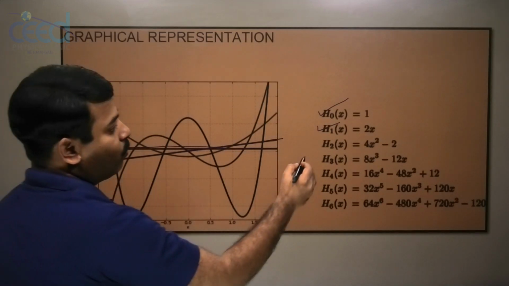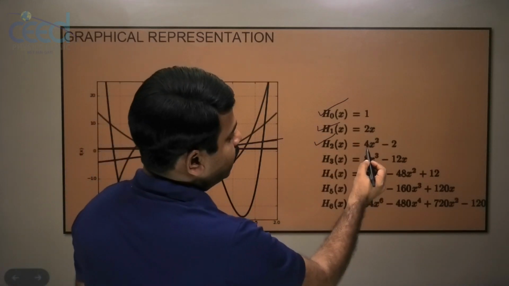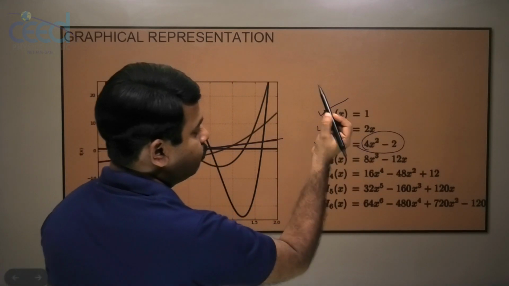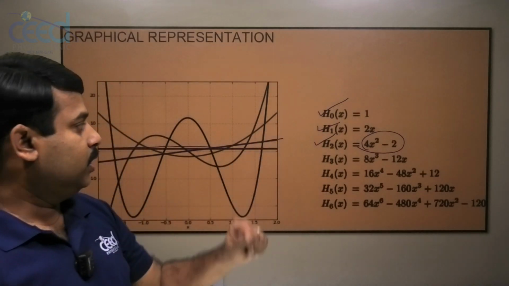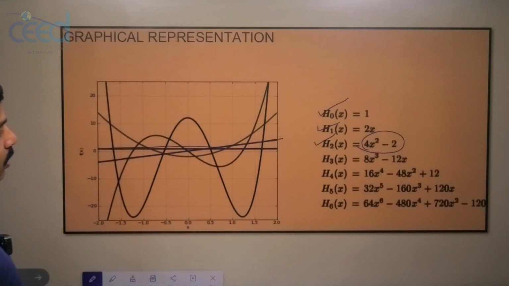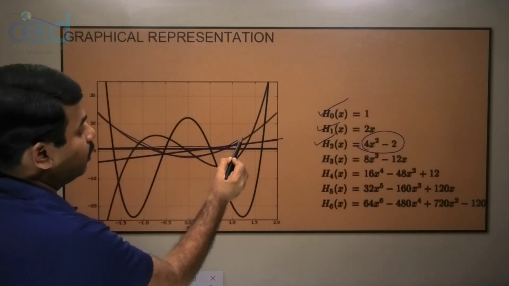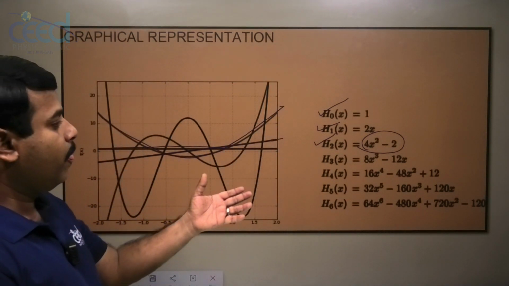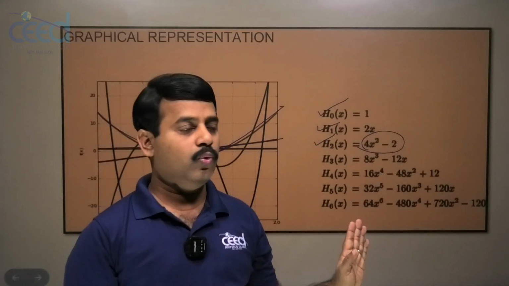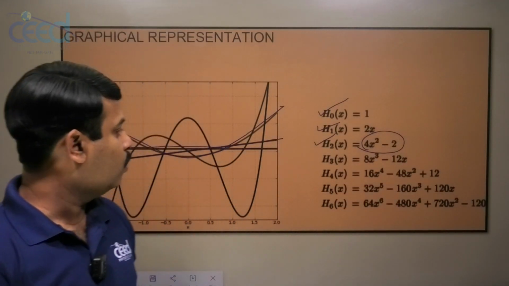Now h2 of x is a quadratic term, so there is a parabola. That is a quadratic term only. So which is the parabola representing? Look here, one parabola here. Similarly, next is a cubic polynomial.